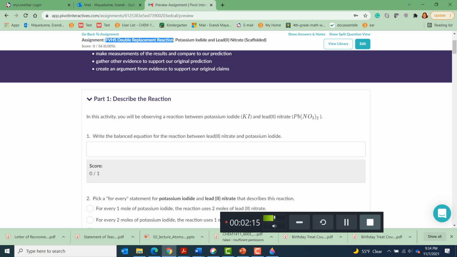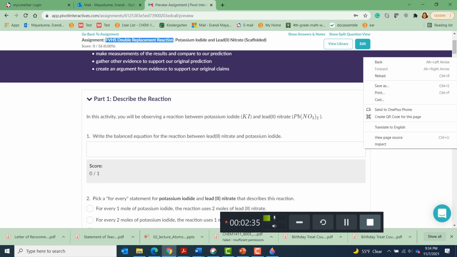Here, Pb is lead, NO3 is nitrate, a polyatomic anion, and the 2 belongs to both N and O3, so you put the 2 outside. And then the potassium iodide, KI.